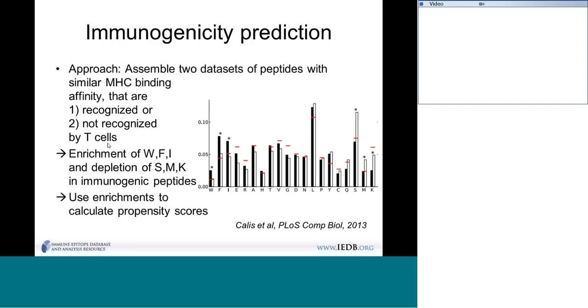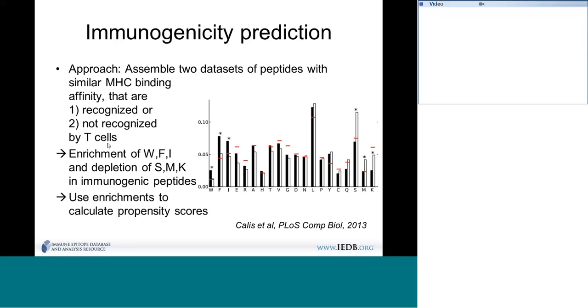Obviously, if it doesn't bind MHC, it won't be recognized. So we took known epitopes with strong immune reactivity, and made a reference set of peptides with no immune reactivity but binding at the same affinity level, using a paired approach.